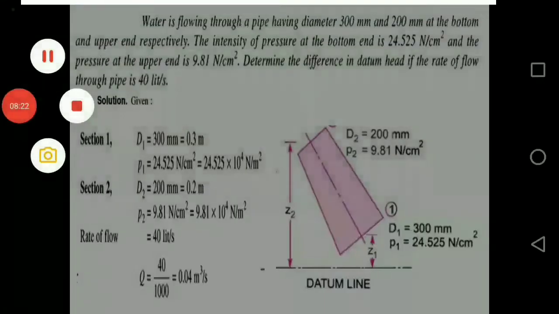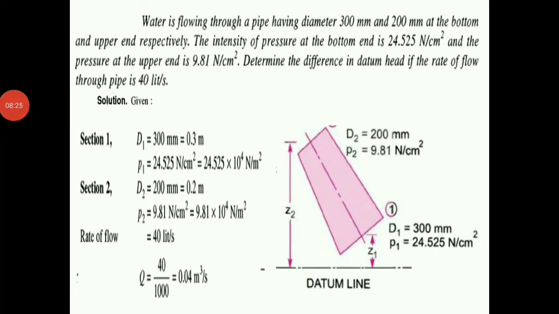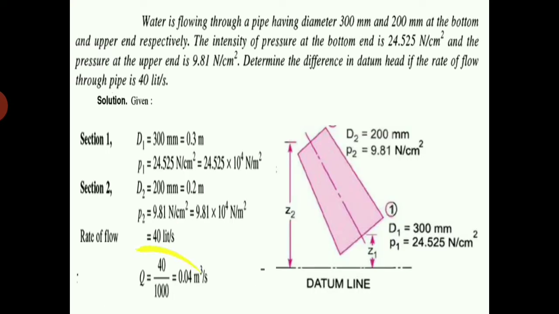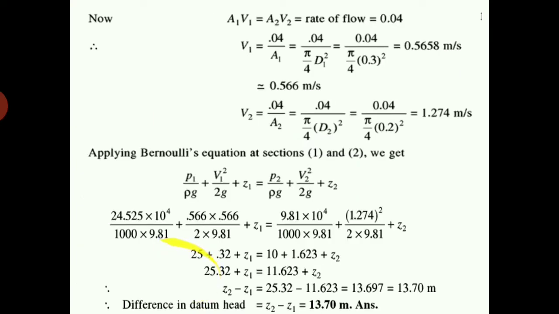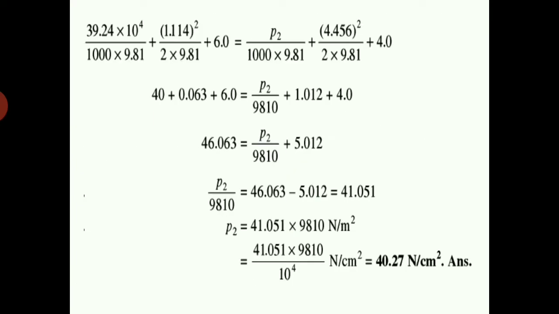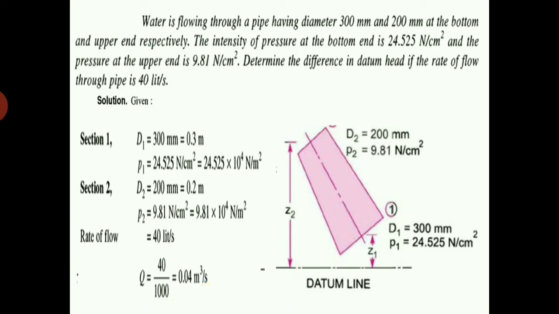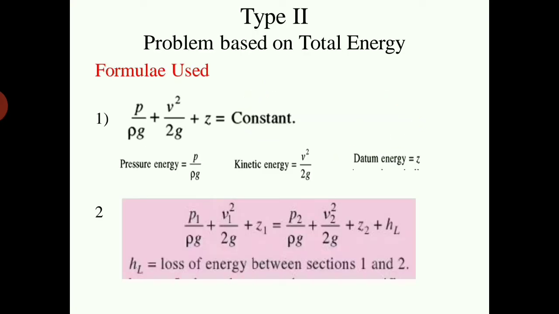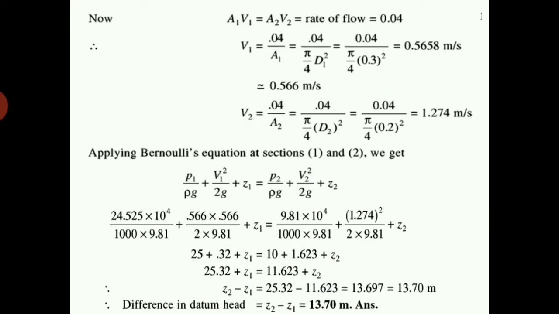Also the discharge is given as 40 liters per second, which we can convert into meter cube per second by dividing that by 1000. Next, we can calculate the velocity at section 1 and the velocity at section 2. Velocity at section 1 you can calculate by the formula Q is equal to AV, therefore V is equal to Q upon A.